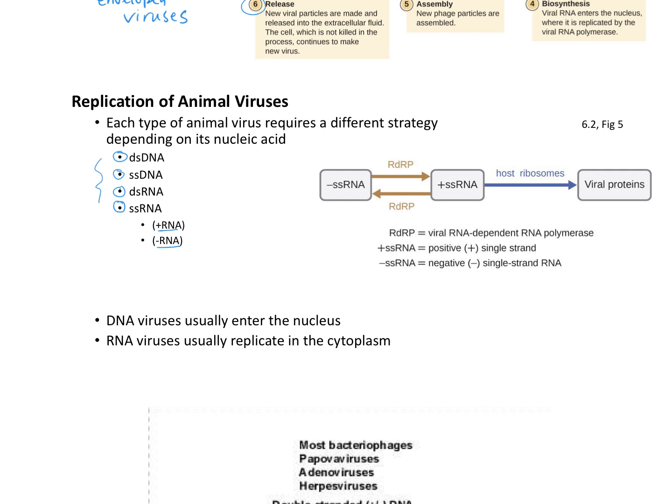So remember the difference. The plus strand of RNA is going to function like messenger RNA. And if it's a negative sense RNA, it has to be copied to, well, not exactly copied.